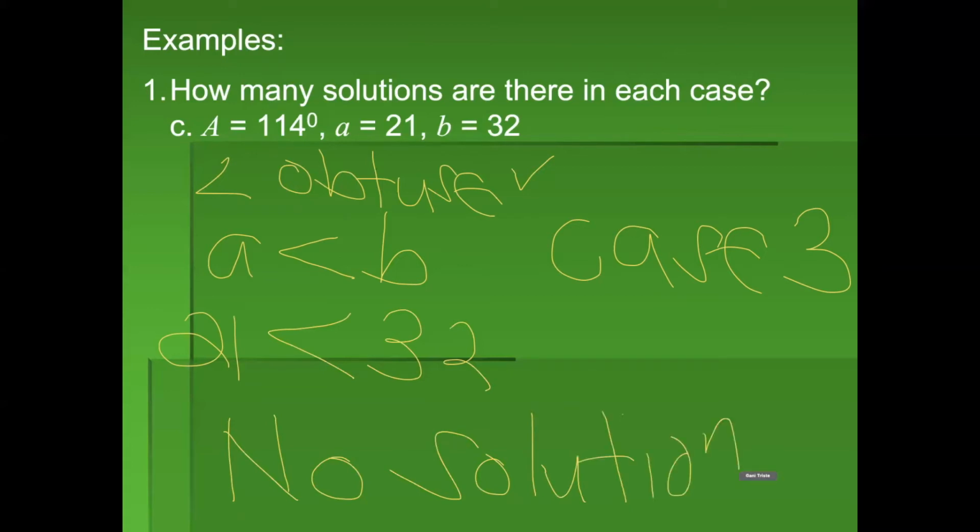Because A is less than B. If A is greater than B, then we have one solution. But remember, it belongs to case 3 because that is obtuse.